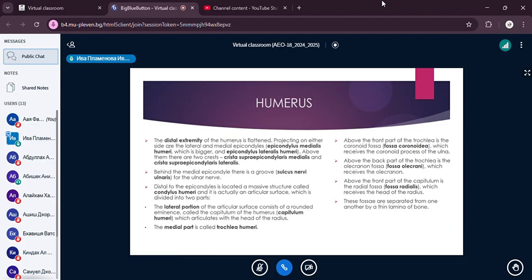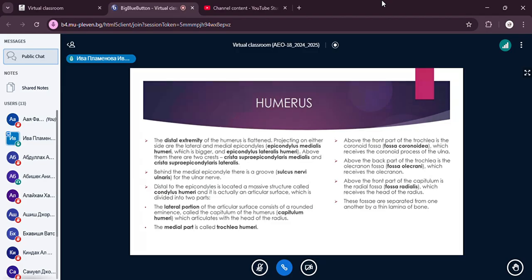Above them, we have again two crests, crista supraepicondylaris, respectively medial or lateral. And behind the medial epicondyle, there is another groove, but for the ulnar nerve, not for the radial, sulcus nervi ulnaris.